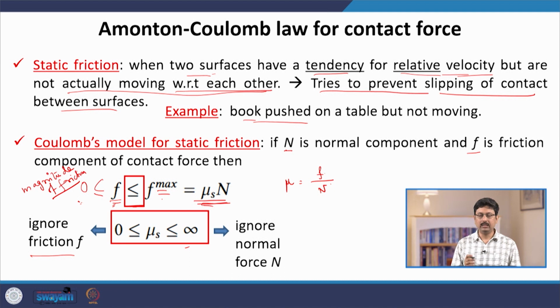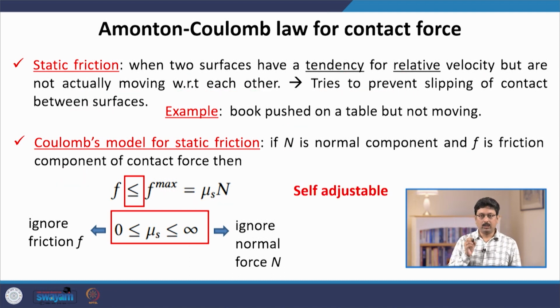So, mu can be, there is no upper limit, mu does not have to be 1, it can be greater than 1. Now, I want to highlight one thing, that this friction force is then in principle unknown.